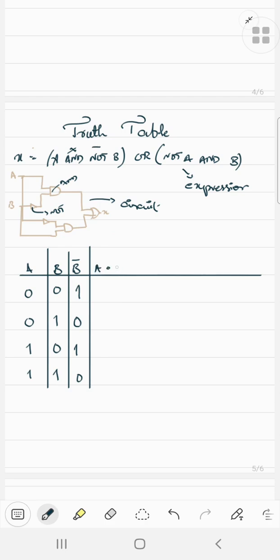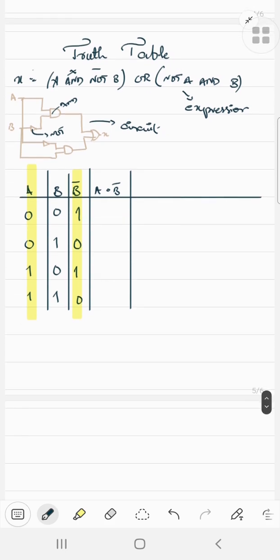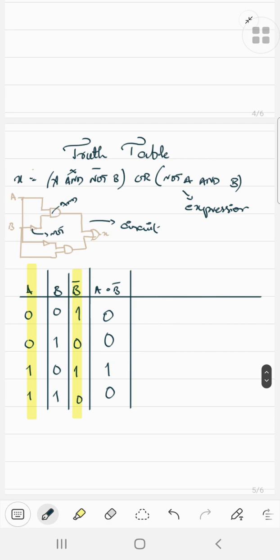So A multiply by not B. Let's multiply these two. 0 and 1 will give you what? 0. 0 0 0. 1 multiplied by 1 is 1. 1 multiplied by 0 is 0. Okay, now this gate is done.